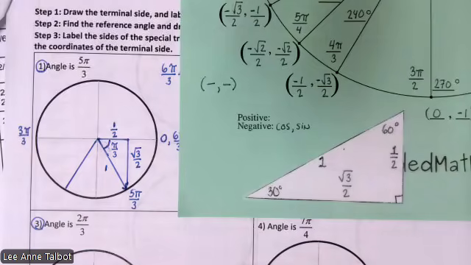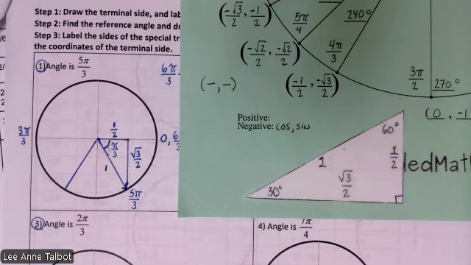However, I have to be really careful because I'm in the fourth quadrant. If I'm in the fourth quadrant, what are the signs of those things? Yeah, so if you're looking at the fourth quadrant, X is positive, Y is negative.